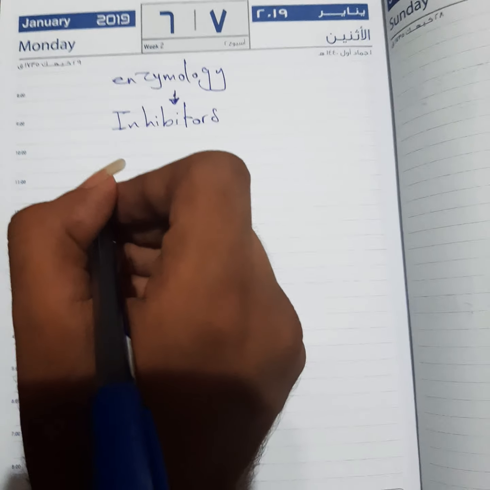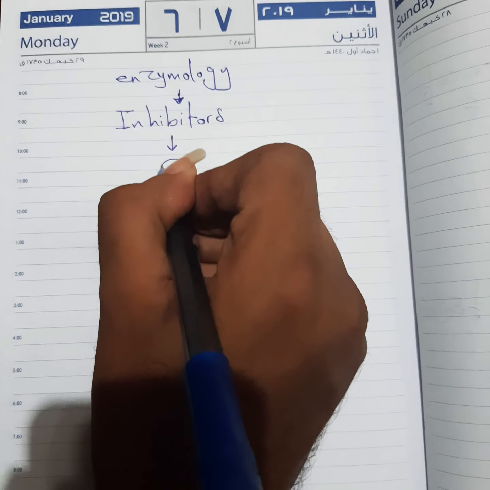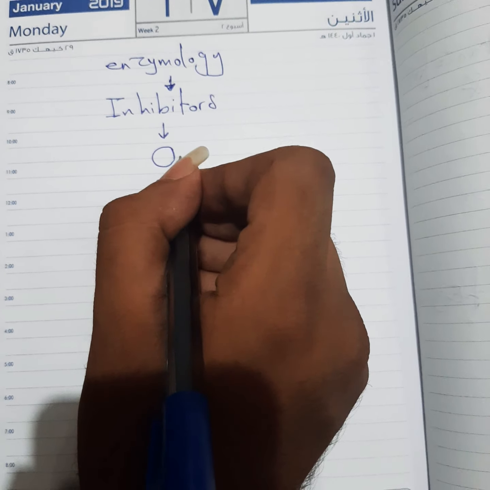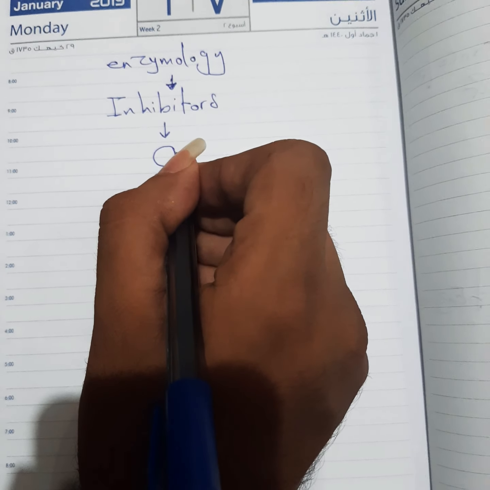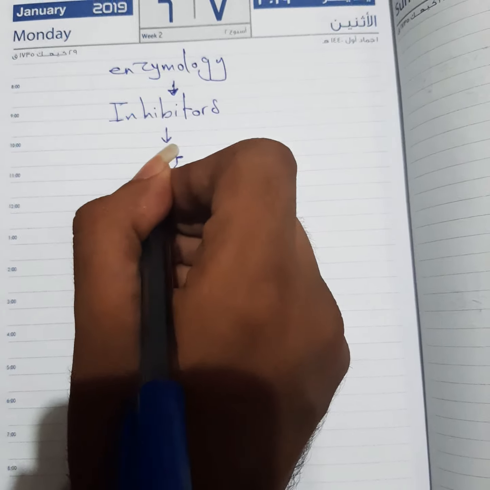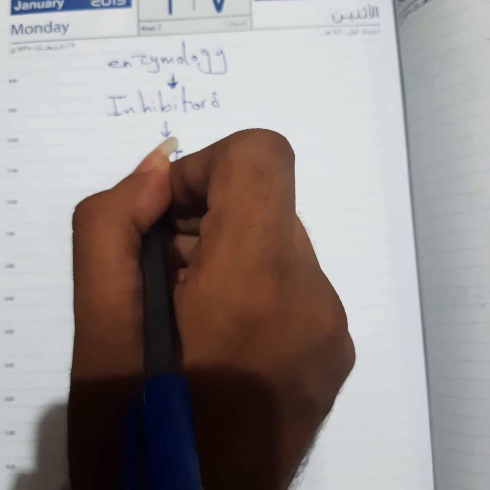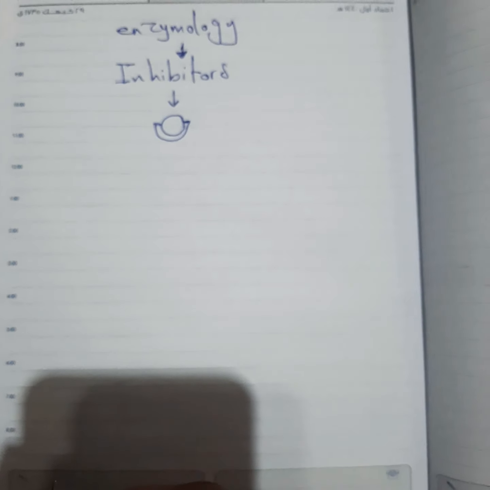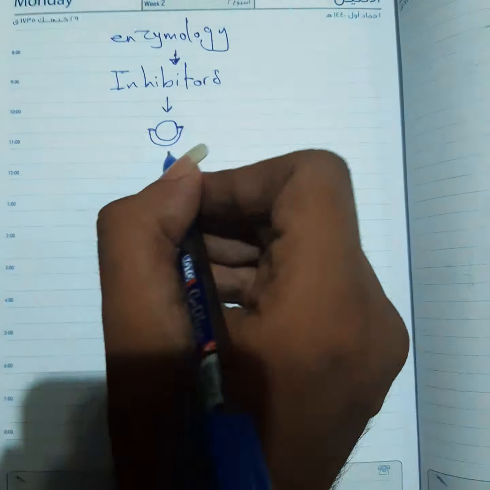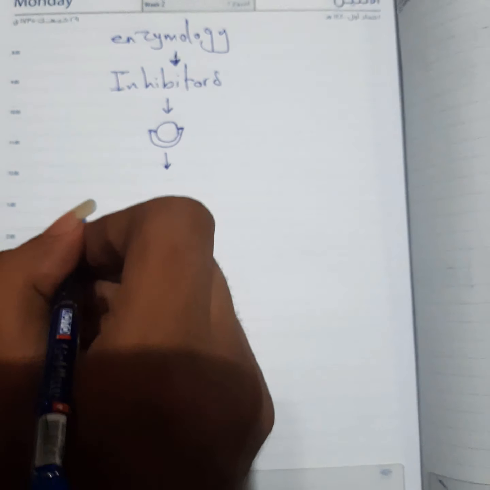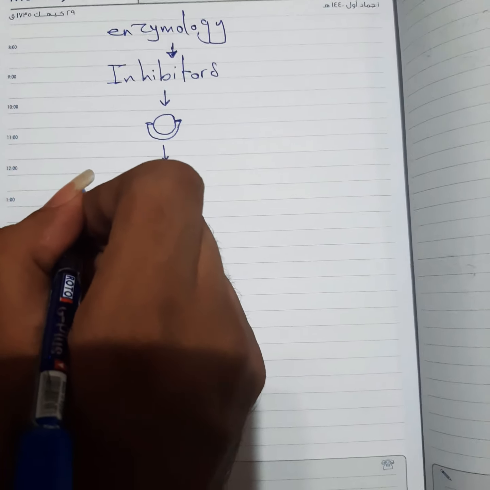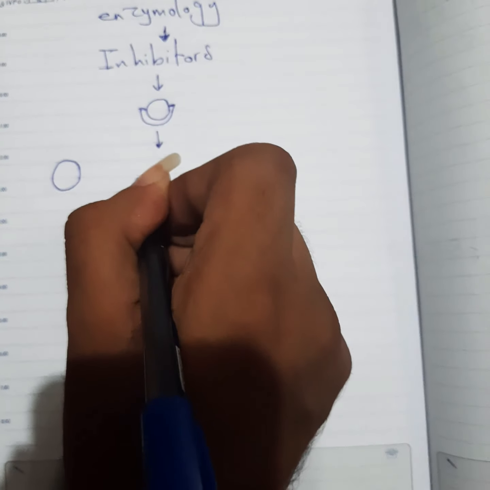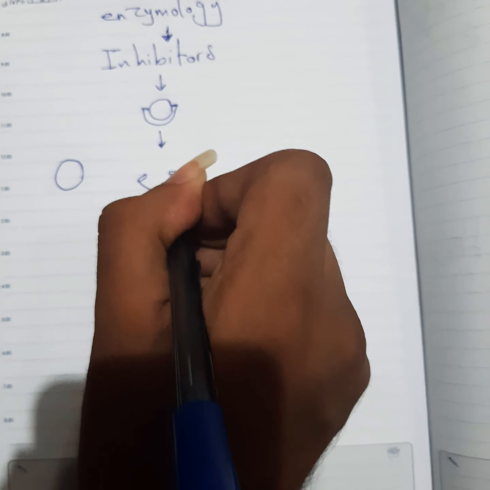If we take our drug, and we consider that the drug is in this shape, this circle shape, or this half of the circle shape, and the shape of the enzyme that is responsible for the removal of the drug is like that.